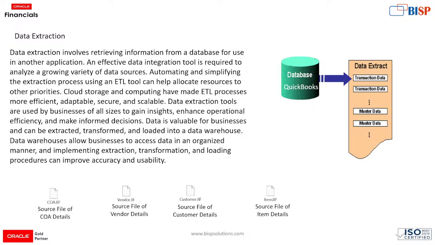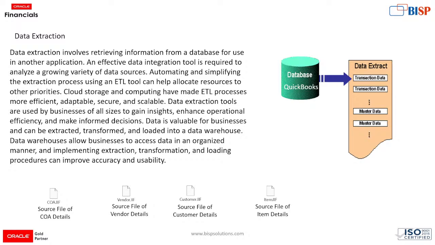Once the data has been extracted, it must be transformed to be usable. This can involve cleaning up the data, converting it into a different format, or integrating it with other source data. After the data has been transformed, it can be loaded into a data warehouse.